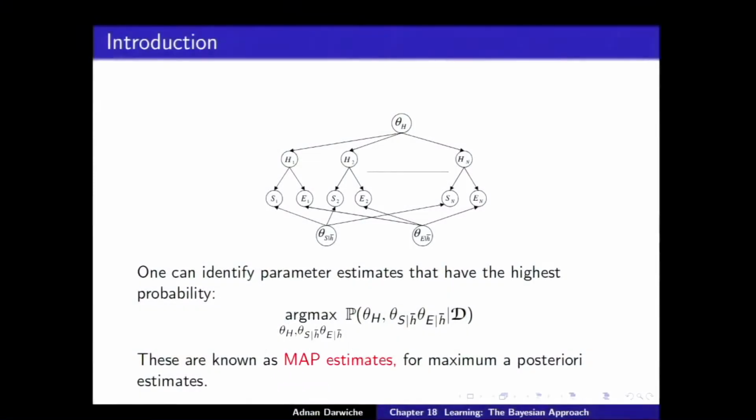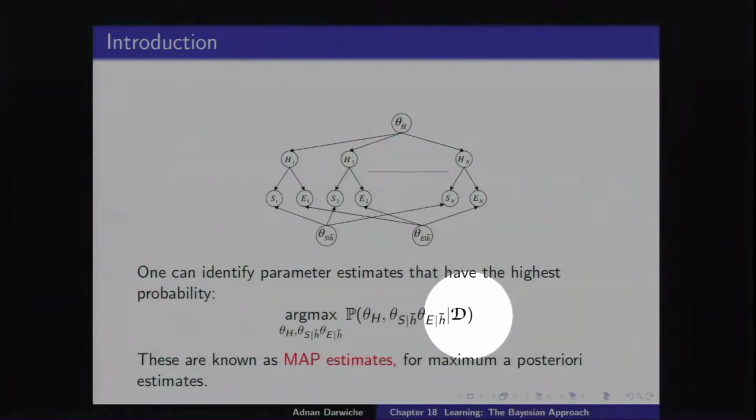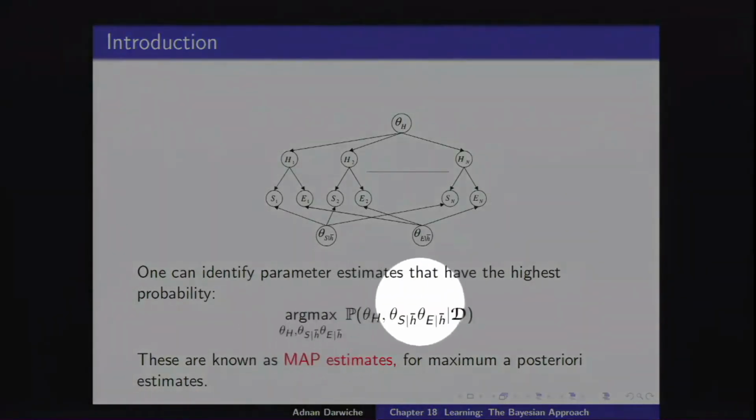This is in contrast to maximum likelihood estimates. We're going to get to this later, but can anybody tell me what the maximum likelihood estimates would be in this language? In this case, I'm finding the parameters that have maximal probability given the data set. What were the maximum likelihood estimates? They were the ones that maximize the probability of the data. So in fact, you would be searching for the parameters that maximize the probability of D given these parameters.